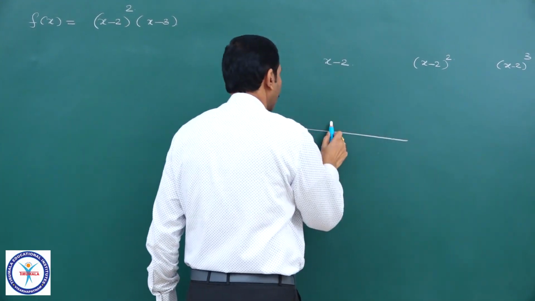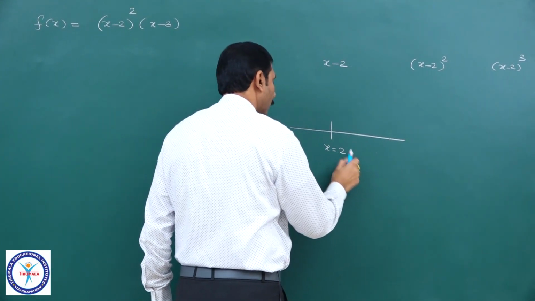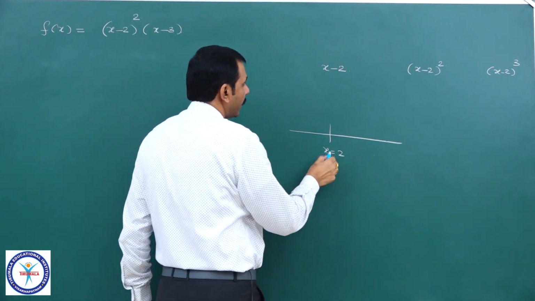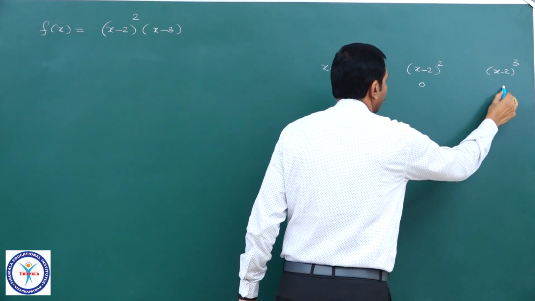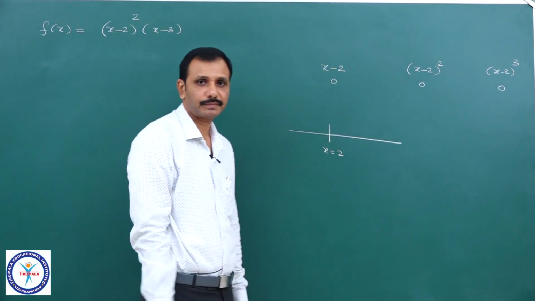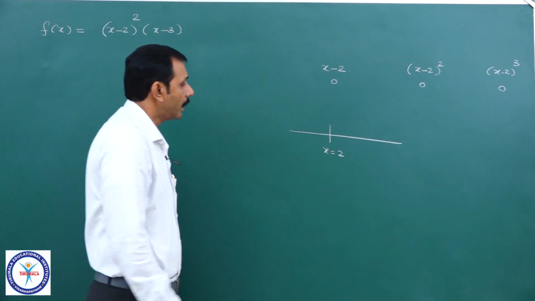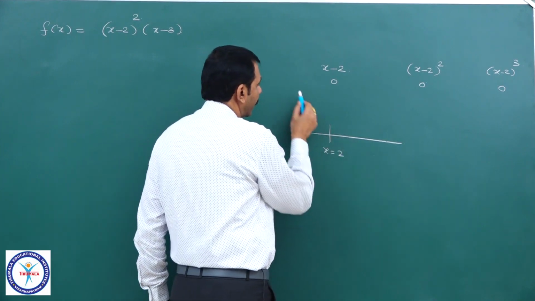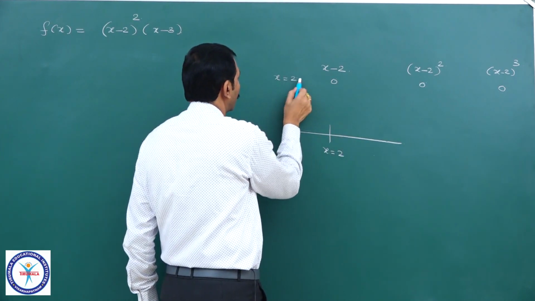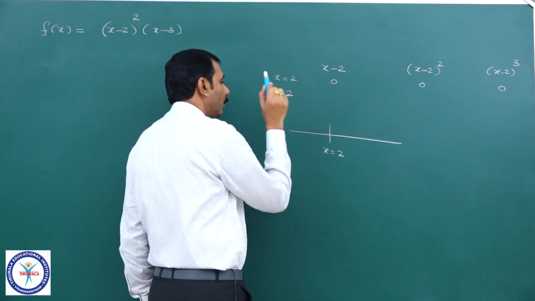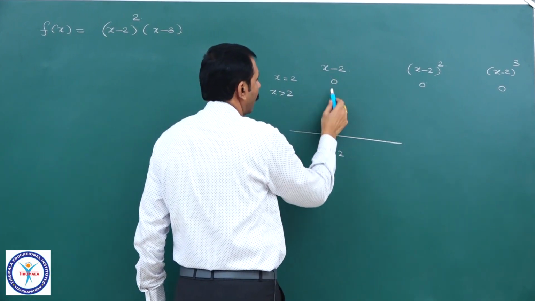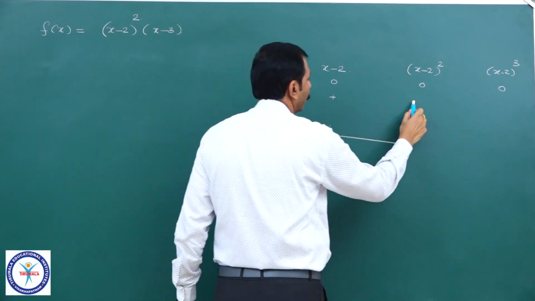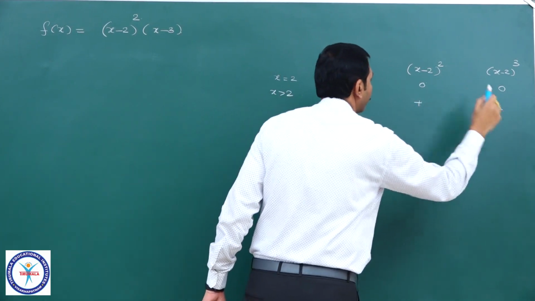If I take the real line, if I take x equal to 2, at x equal to 2, this value will become 0, this value will become 0, this value will become 0. Suppose I take a value greater than 2, any value if you substitute, it will be positive, positive, positive.